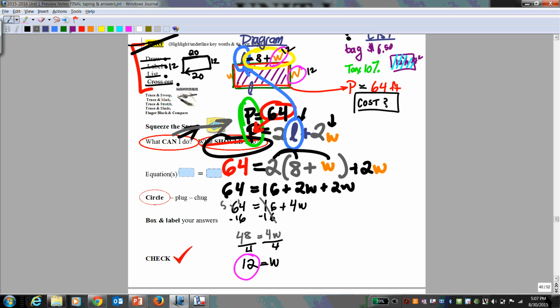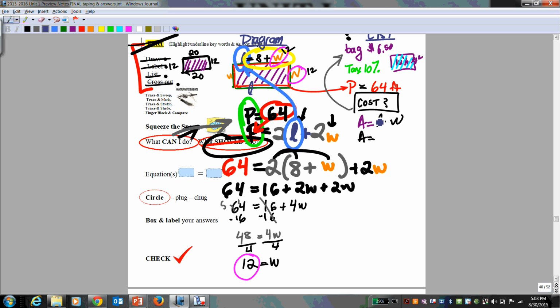Our ultimate goal is to figure out cost. And to get cost, we have to know how many bags of cement. Now, physically say that cement is not a perimeter issue, it's an area issue. So let's write out our equation for area. We have our length.